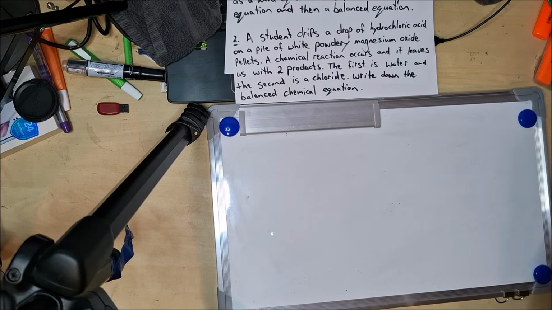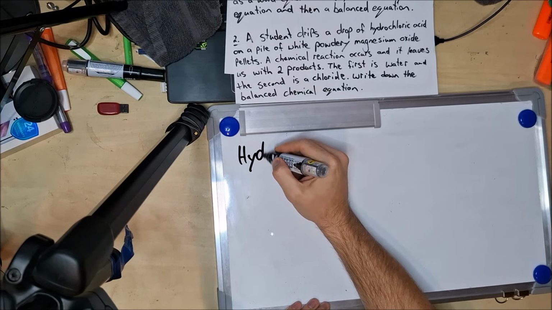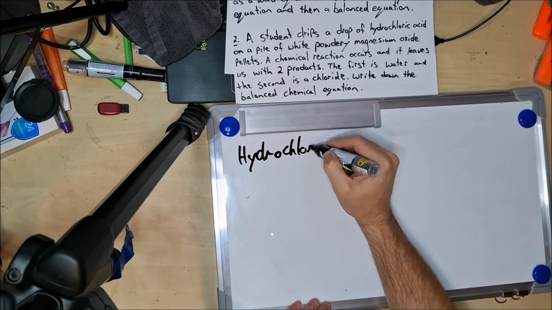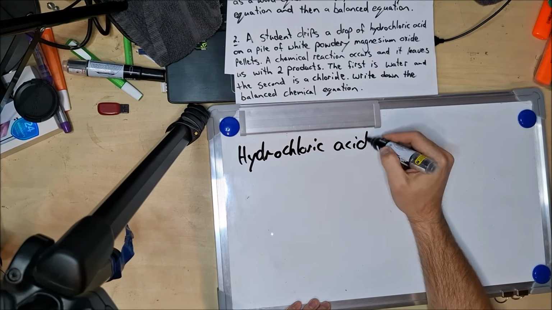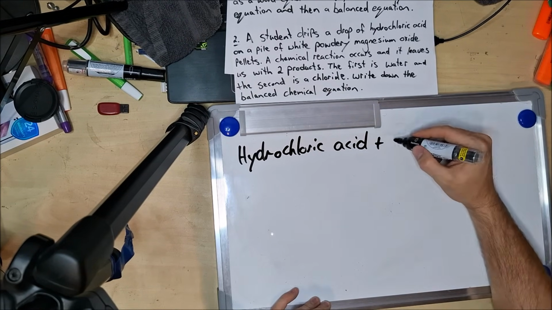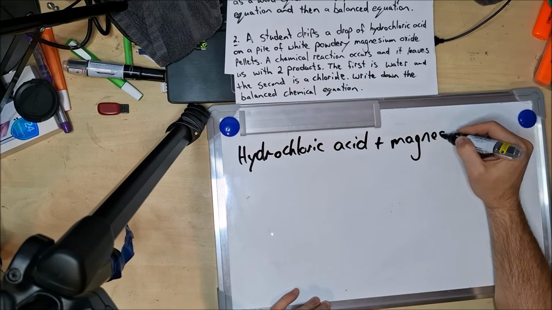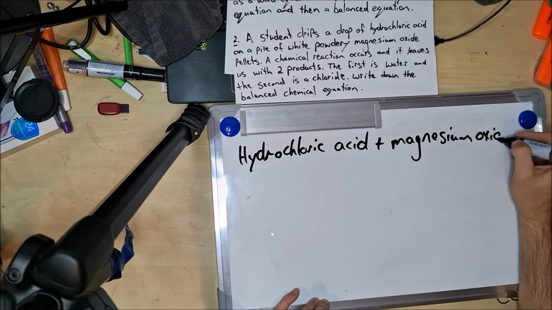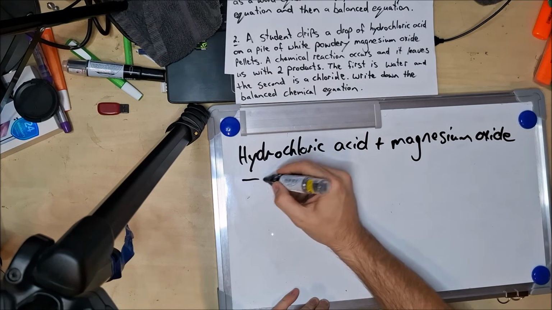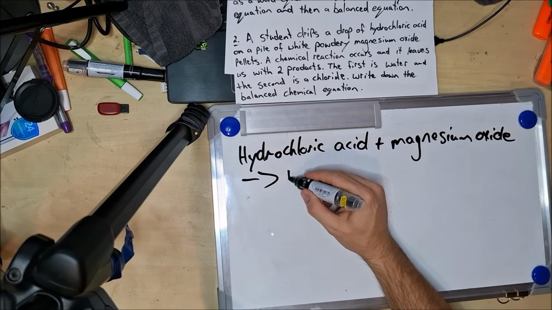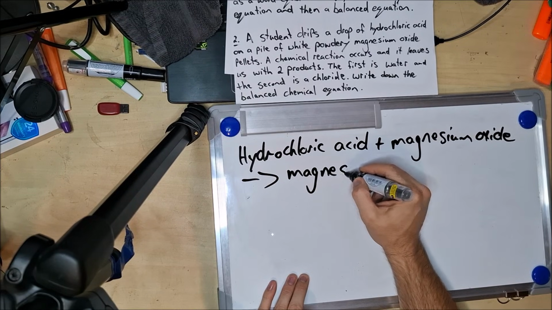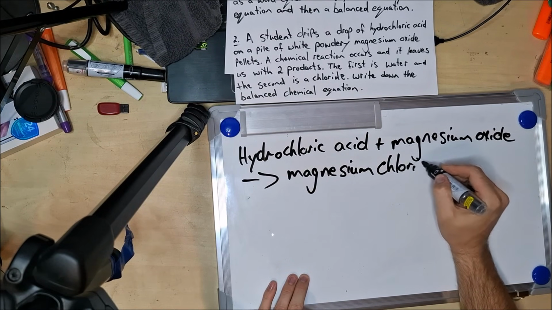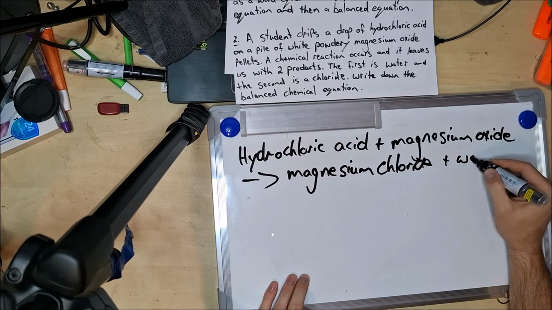I'm going to say hydrochloric acid plus magnesium oxide gives me magnesium chloride, there's our salt, and water.